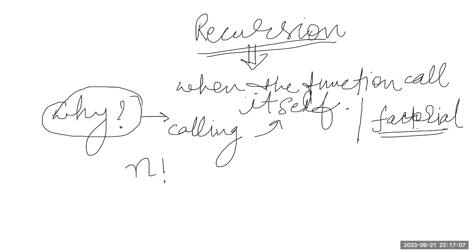So tell me, what is 5 factorial? 5 into 4 into 3 into 2 into 1. This is the factorial. So you know this factorial.